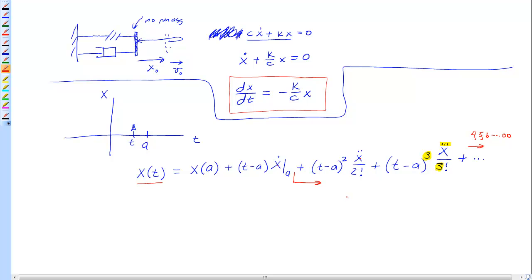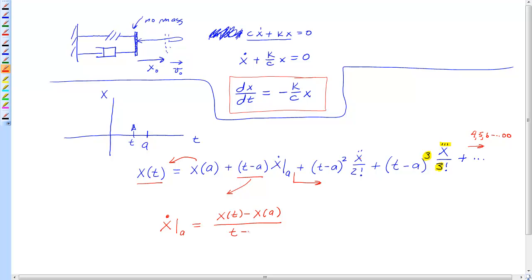If you truncate it here, you can move this to the other side and divide this underneath, and you can pretty much say that x at some value of a is equal to t minus a over t minus a.